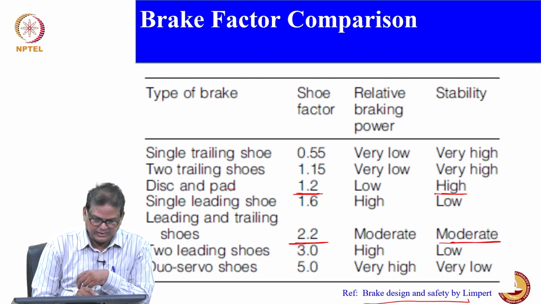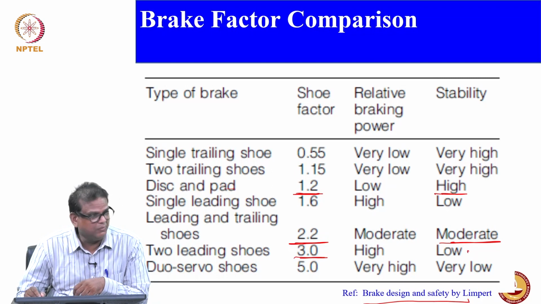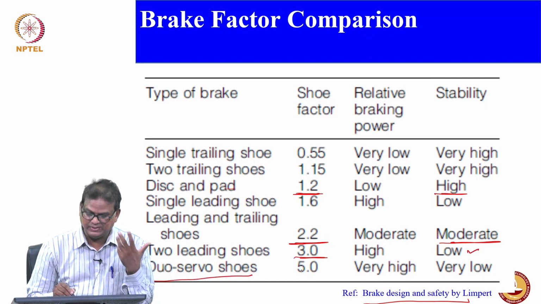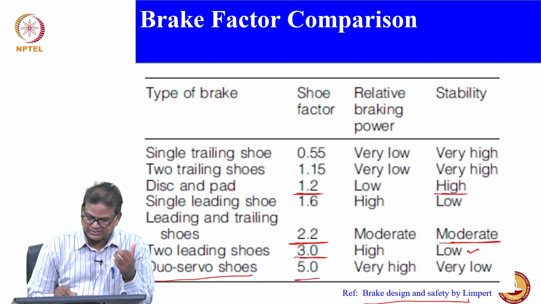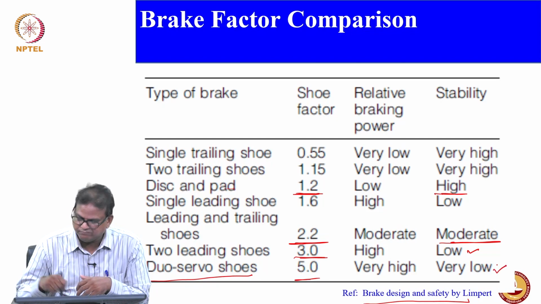Again, if you look at the two leading shoes, the brake force is really good, but the stability is very low. The duo servo also has a very high brake factor, but it has very low stability.